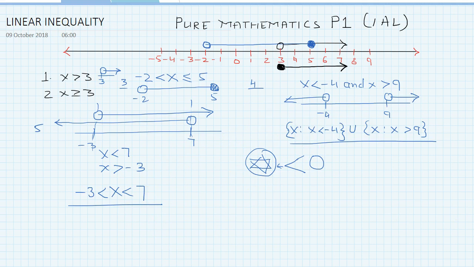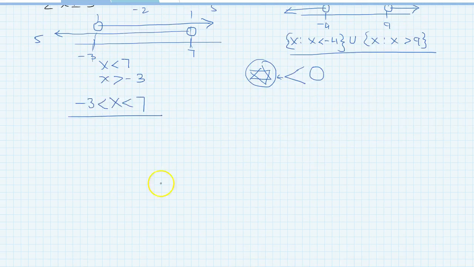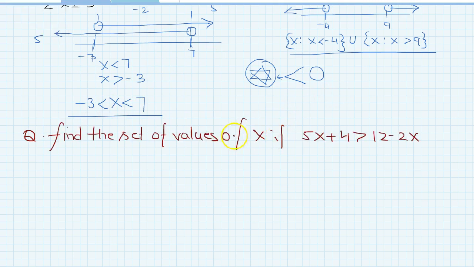Now let's try to find the solution for some questions. Let me write the question. Find the set of values of x if 5x plus 4 is greater than or equal to 12 minus 2x. One thing you are supposed to remember is that you have to solve the inequality the way you solve an equation.